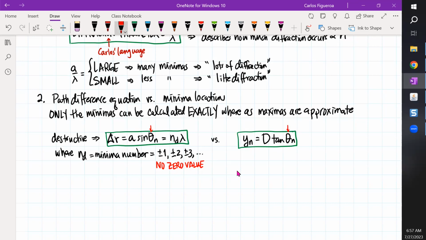They are connected. You can't separate them. So if I look at constructive interference, we have a different path difference equation: a sine theta n is roughly equal to n plus 1/2 times lambda.